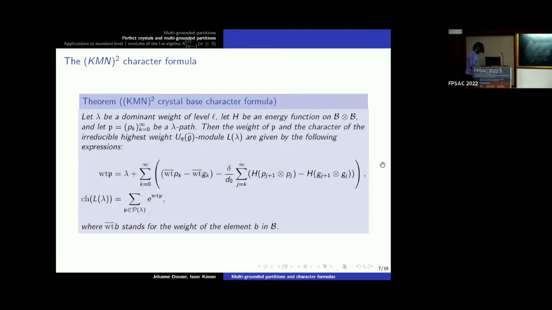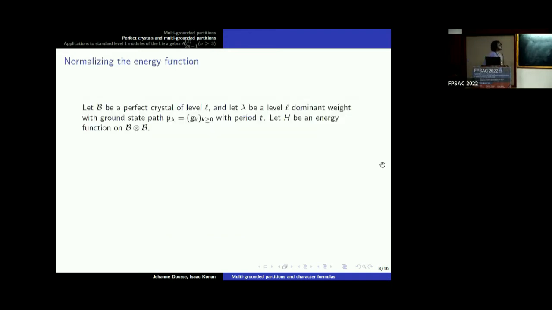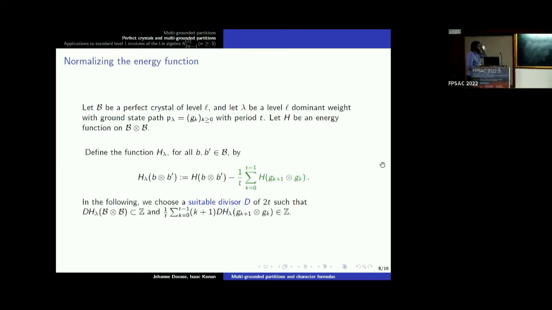So we had to normalize the energy function. So we take a perfect crystal, the level L dominant weight with ground state path, and this time the period is T. It's T, sorry. And G an energy function. And then we normalize the energy function.